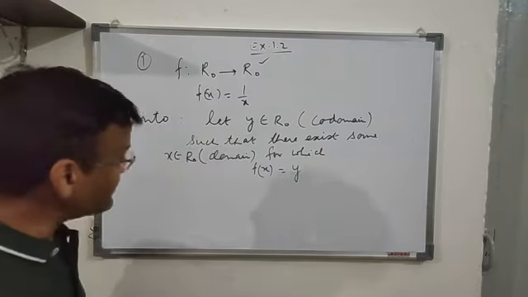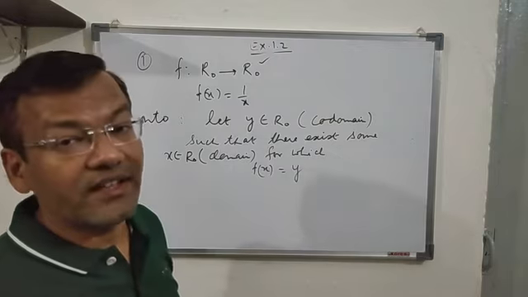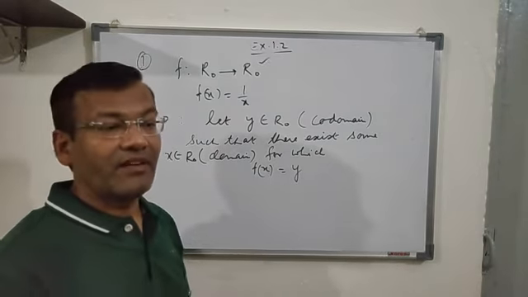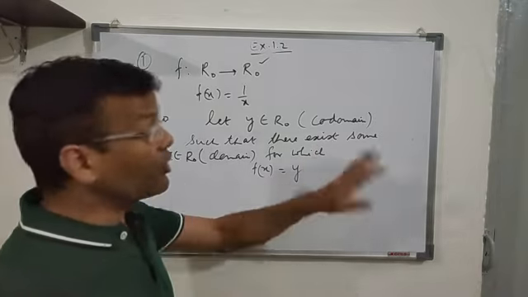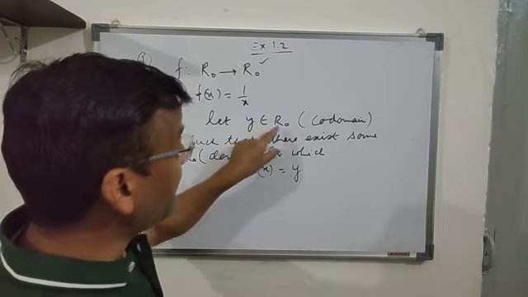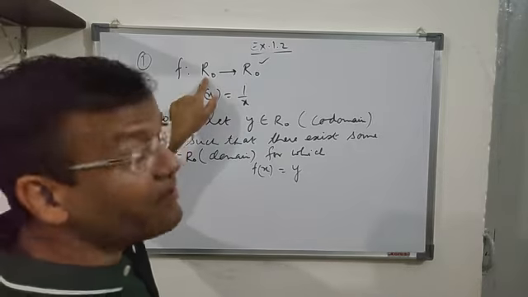Now you have to understand this thing. Again and again you have to recall the definition first of all. You must be familiar with the logic of the definition. And the logic says that we are taking any element of the codomain. For this element, there has to be some element in the domain.